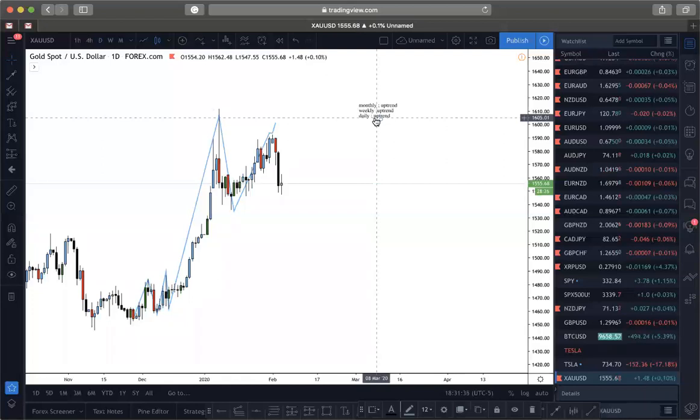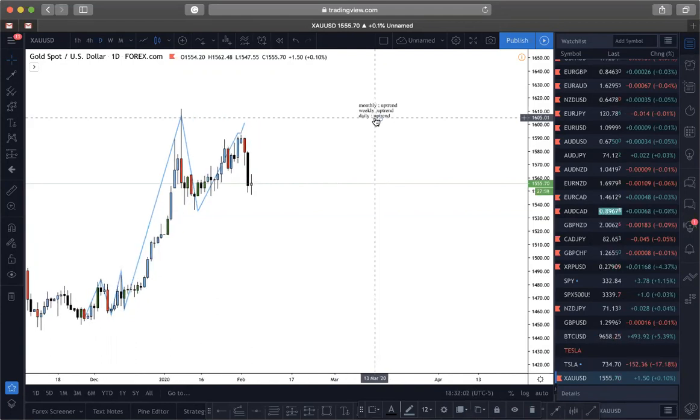For example, if the monthly is up, the weekly is down, the daily is up, then you have to know what decision you're gonna make now, right? Basically, you'd have to know whether that time frame you're on is a pullback or an impulse, right? And then you make that decision, right?